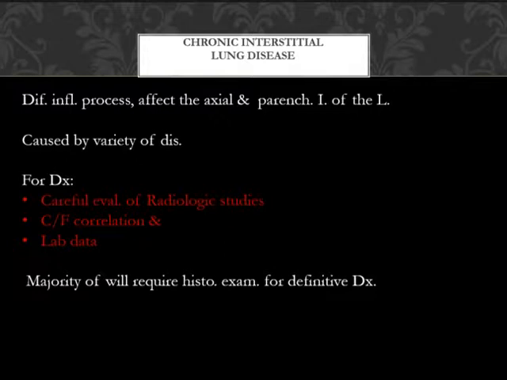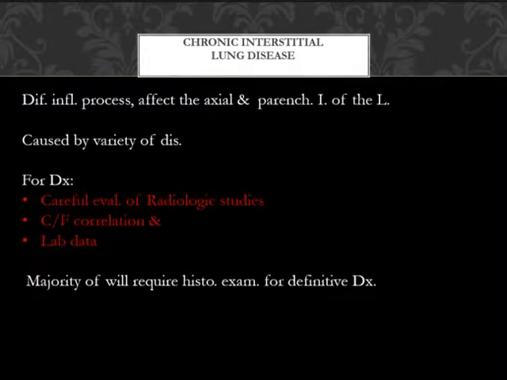We discussed the signs of interstitial lung disease on the thin section CT. Let us go to chronic interstitial lung disease. Chronic interstitial lung disease denotes any diffuse inflammatory process that affects the axial and parenchymal interstitium of the lung. They are caused by a variety of diseases, a broad spectrum of diagnoses.